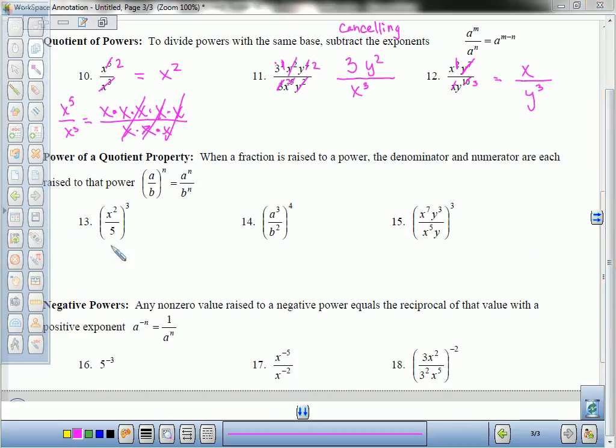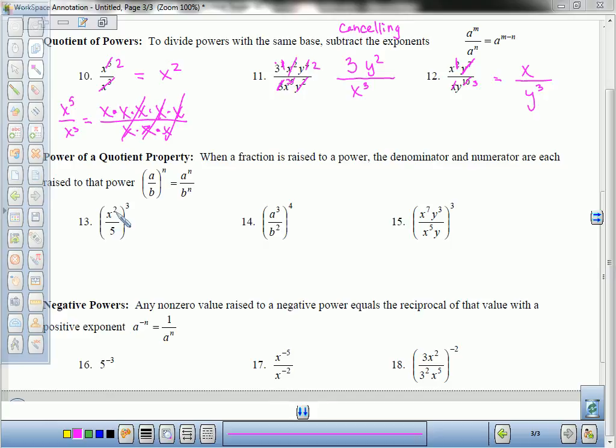Okay, so this is mixing it up again. A little bit of both. So we've got the division. Well, nothing cancels on this one, so we can go ahead and cube everything. So everything in the numerator gets cubed and everything in the denominator gets cubed.